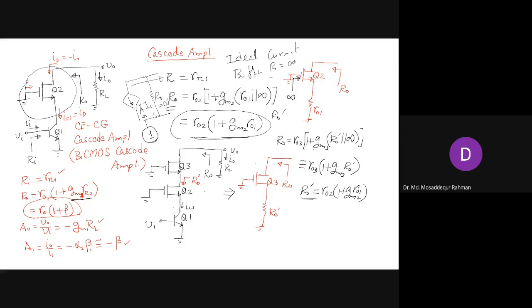The common base current gain is 1, so it works like a current buffer. And the higher the output resistance is, the better it will be as a current buffer, because more and more current will flow to the load. If you can make this infinite, the current here is 0, and all of the current will be passed to the load.